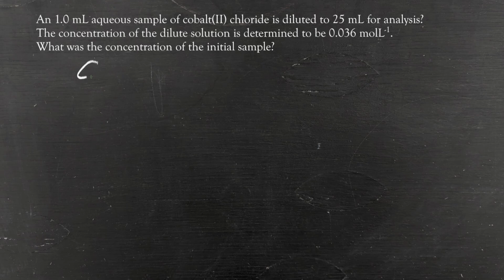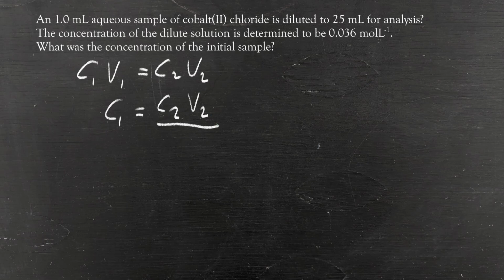Once again, initial concentration multiplied by initial volume equals the final concentration multiplied by the final volume. We want to determine the initial concentration, so we will rearrange it so that the initial concentration is equal to the final concentration times the final volume divided by the initial volume. We can now put in the values provided.